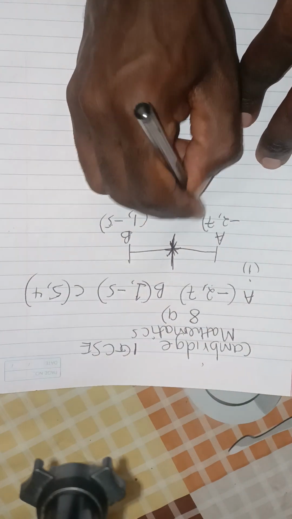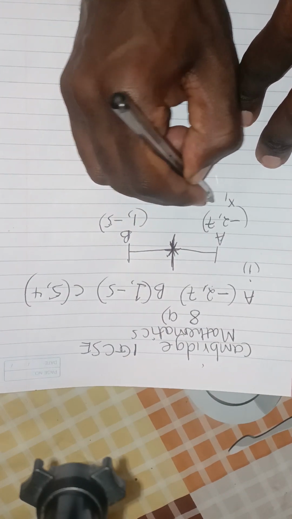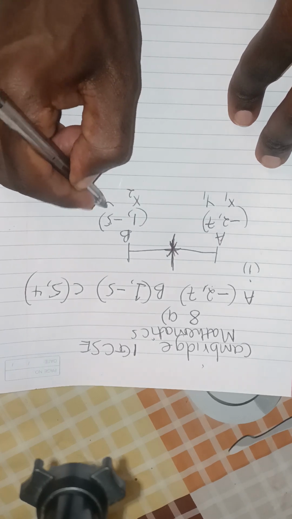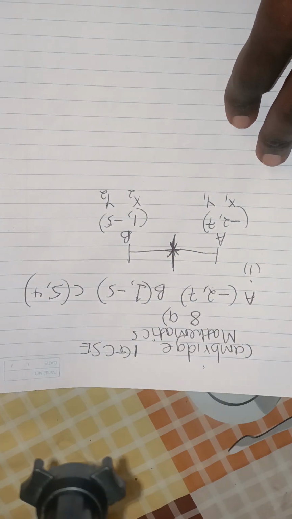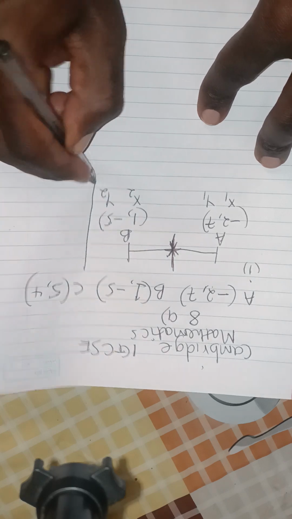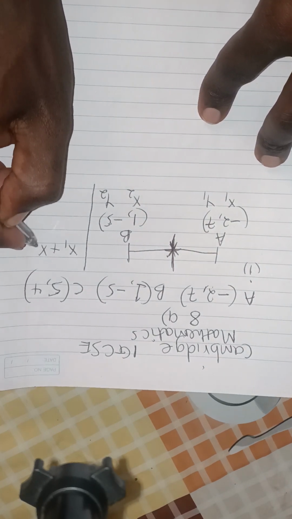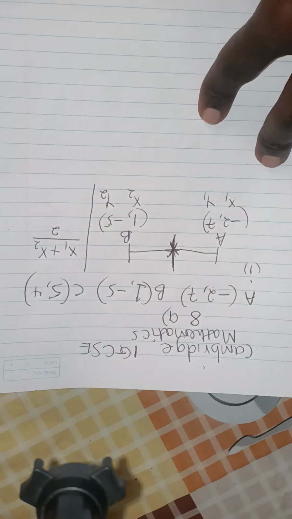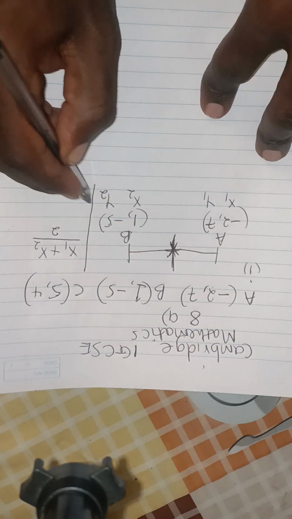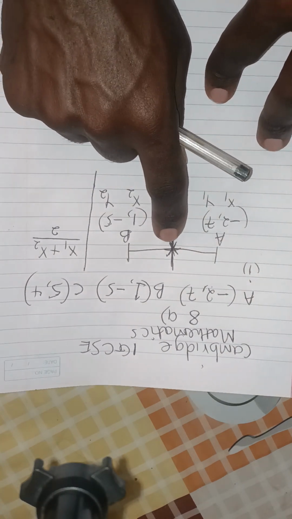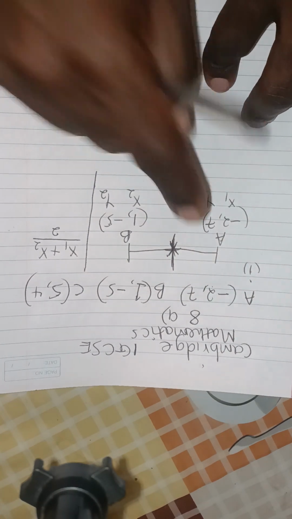How? We shall take this to be our x1, y1, x2, and y2. So how do you get the coordinates of the midpoint? We shall say x1 plus x2 divided by 2. That is how you get the midpoint of a particular line in terms of the value of x.